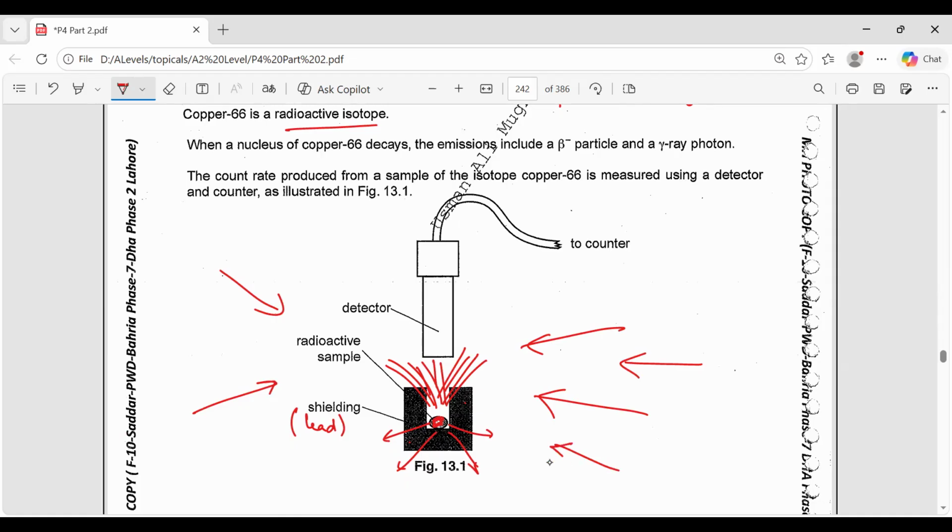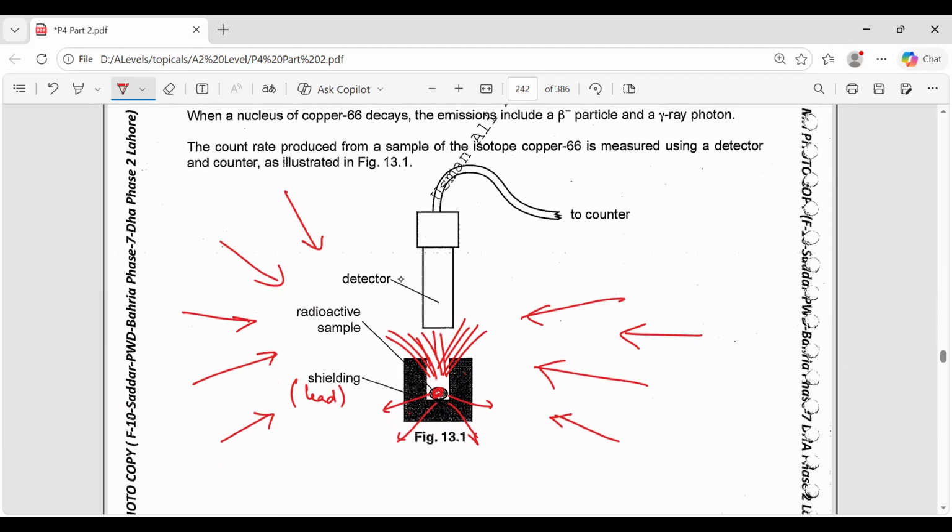Can anyone tell me the name of the radioactive radiations which are present naturally in the atmosphere? Is any one of you aware of such radiations? They are called background radiations. You would have studied this in your IGCSE. What are the sources of these background radiations? They can be due to cosmic rays, the rays coming from outer space.